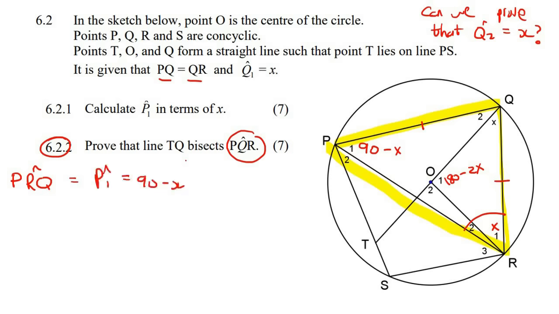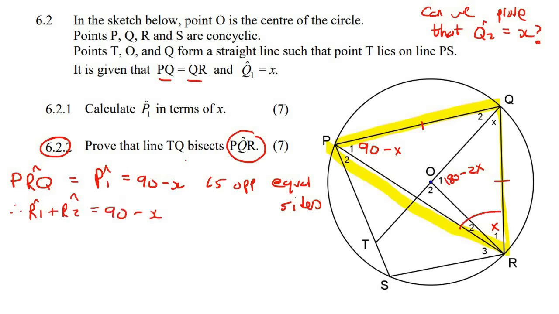And the reason is angles opposite equal sides, because we know that these two are the same. They told us that earlier, okay? So that means this whole angle is 90 minus x. Therefore angle R1 plus angle R2 is 90 minus x. So we now know that this whole angle is 90 minus x.